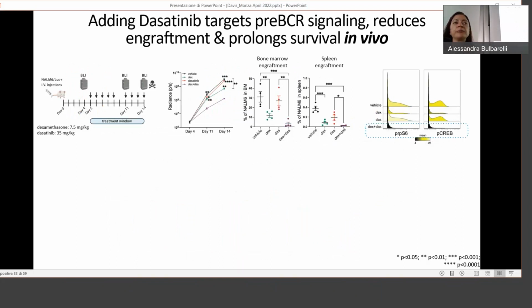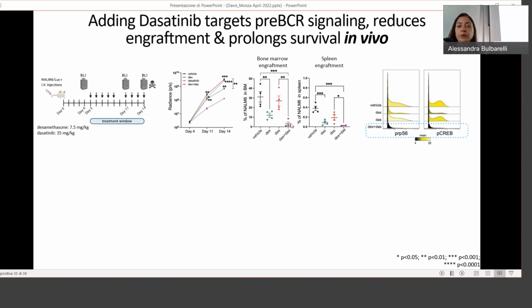So Yolanda wanted to ask, because this is not something we do clinically, if we add dasatinib in a preclinical model, so in a mouse model, if we could actually improve survival and decrease engraftment. And indeed, that's what happened. So using a combination of dexamethasone and dasatinib, we found in mice, and this is in a NOM6 model, that looking at bioluminescence data of engraftment in the first 2 weeks, the mice in the combination group with dexamethasone and dasatinib had decreased engraftment.